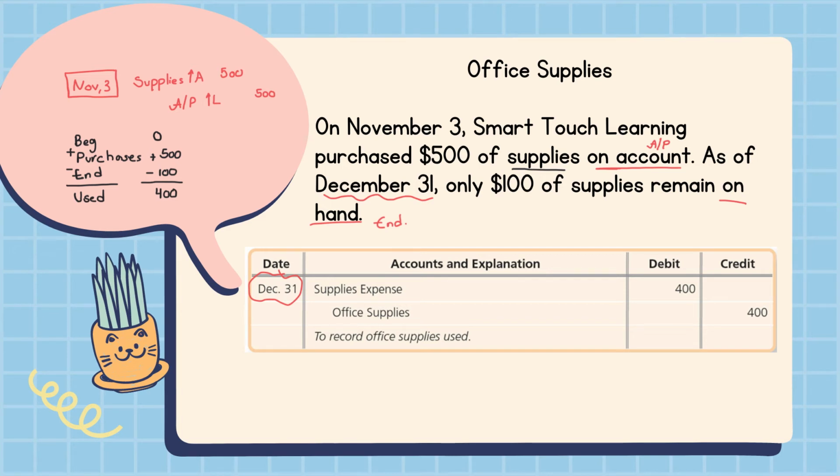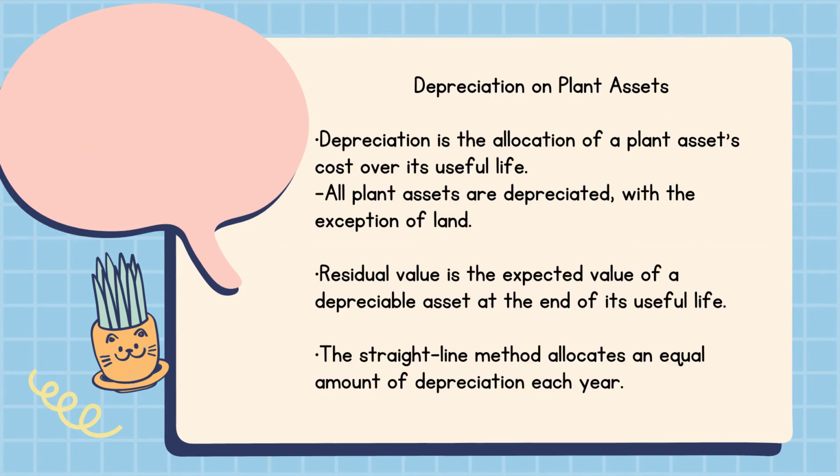So supplies expense on the debit side. And an asset will go down in the credit side because it's used. So this asset should go down by 400, which is the used amount. Again, for the deferred expense, as I mentioned earlier, I need to debit an expense, and the credit I need to decrease an asset account.